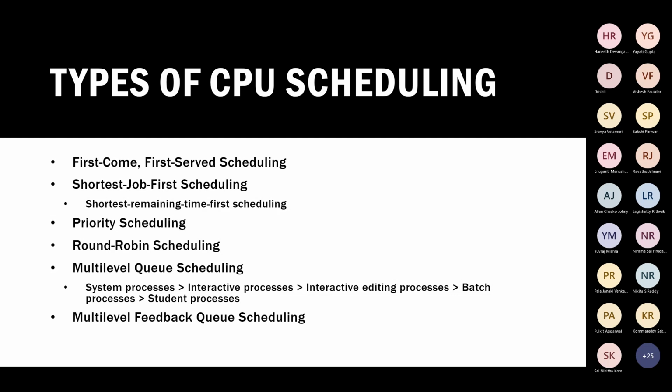Similar is multi-level feedback queue scheduling. The difference is that in multi-level, the priority cannot change between the levels, but in multi-level feedback queue, the priority can change depending on the feedback the CPU gets. So this was a very basic introduction, and now hopefully Hanif can give a more detailed outlook on round robin scheduling. Thank you.